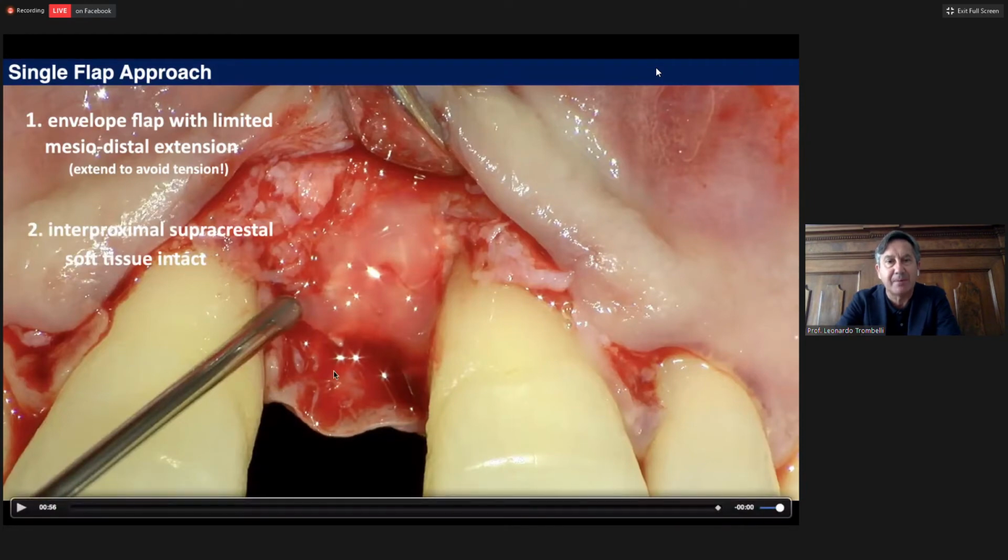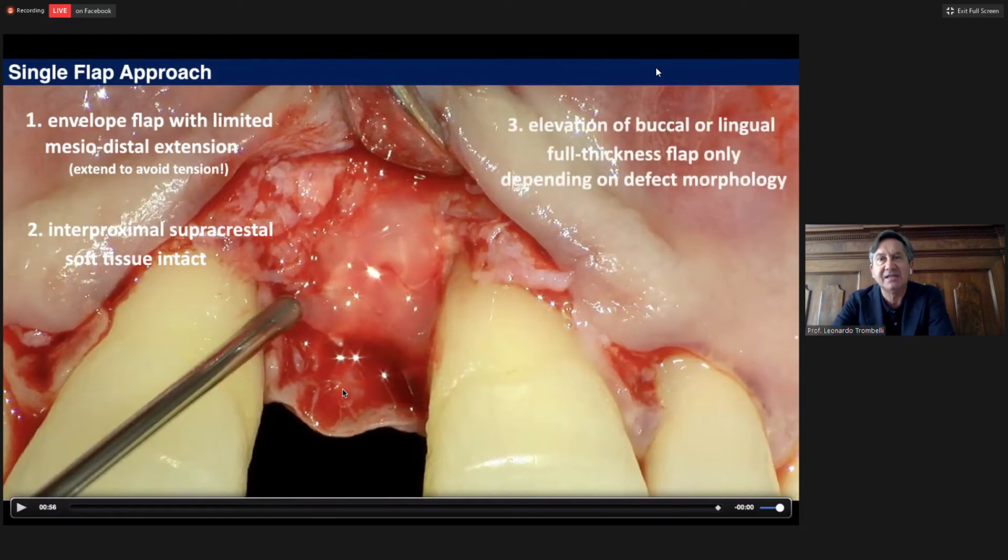You can see the papilla that has been left in place, just cut in the middle in order to provide good replacement of the buccal flap to its original position. Number three, the elevation of the buccal full thickness flap, depending on the extension. You will see that we can also go through a palatal approach. And number four, everything needs to be done with an appropriate access for root debridement and defect degranulation, as I said.